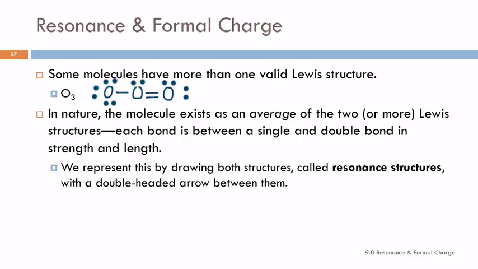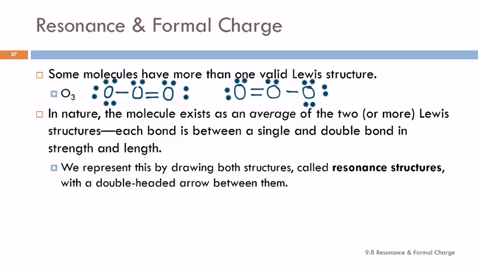Couldn't we also draw it with the bond to the other oxygen atom? Is there really any difference between those two? So how can we say that one's better than the other? We can't. There are 2 valid Lewis structures.